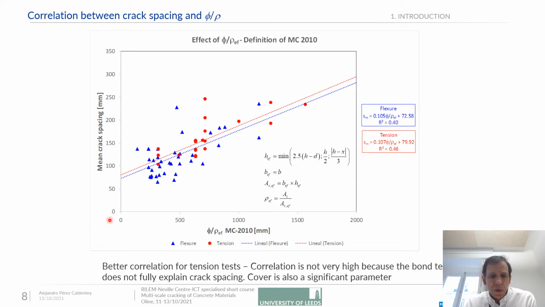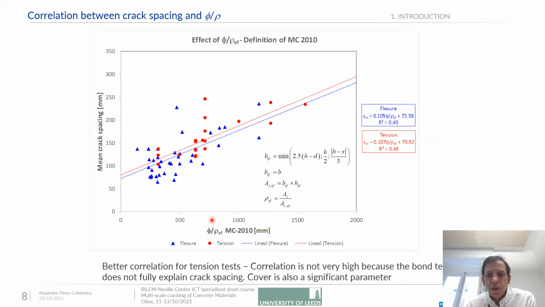So in this figure, we are plotting the mean crack spacing against the phi over rho effective ratio. This would be the same for Eurocode or Model Code 2010. And you can see here that the coefficient of determination is not very high. The reason for this is because the phi over rho effective ratio does not explain all the variation.